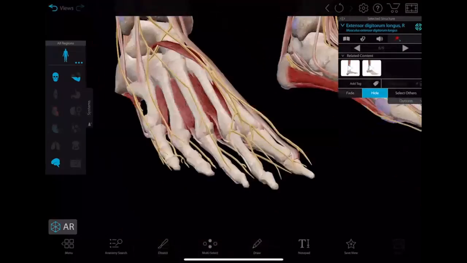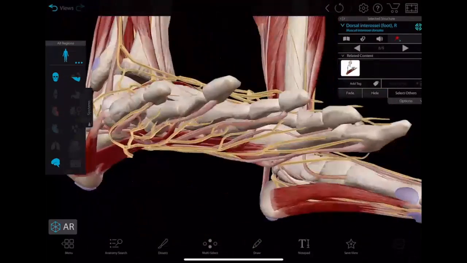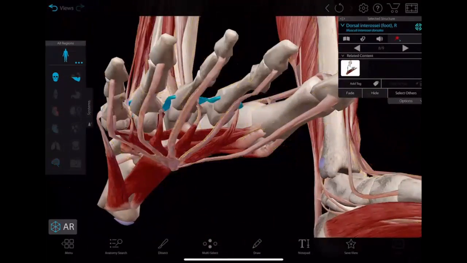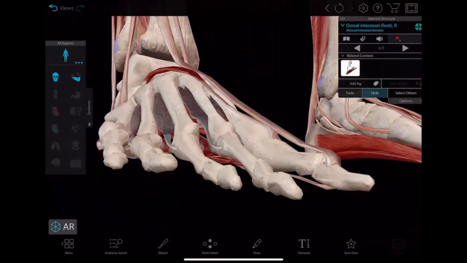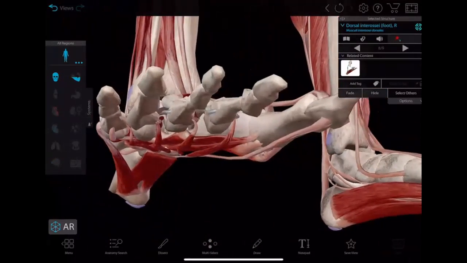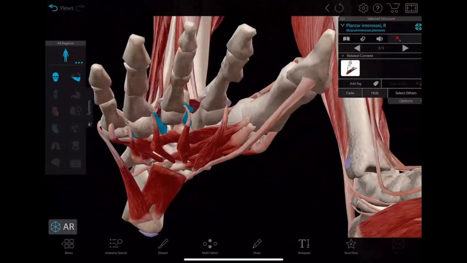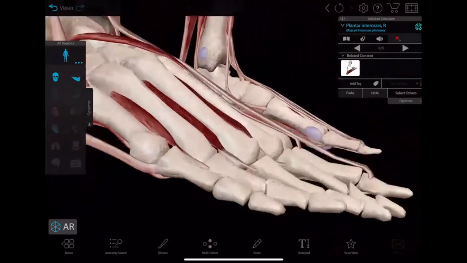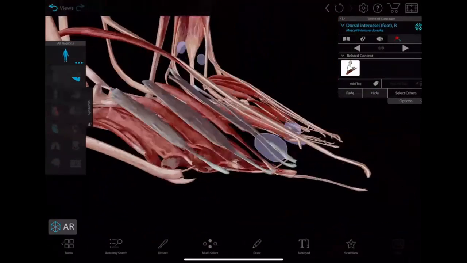Okay. So these are the interosseous muscles, right? Interossei. They are called dorsal interossei, and so these are dorsal interossei, right? And those are plantar interossei. I will show you how they are located.